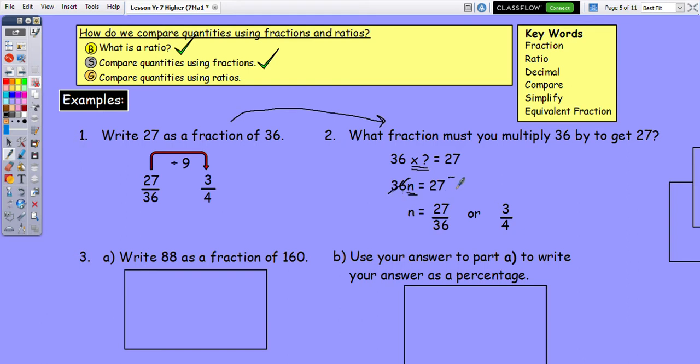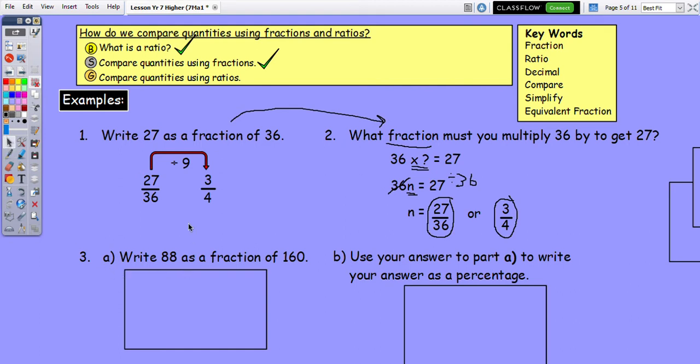The opposite, or the inverse, of multiplying by 36 is dividing by 36. So n must equal 27 divided by 36. Now I could work that out as a decimal, but it wants it as a fraction. So n equals 27 over 36, or 3/4. Good.